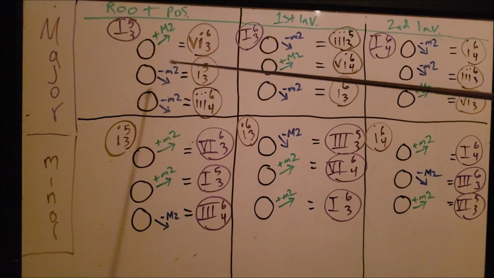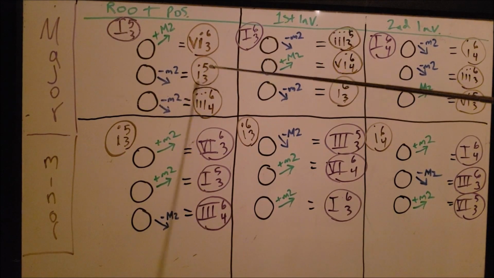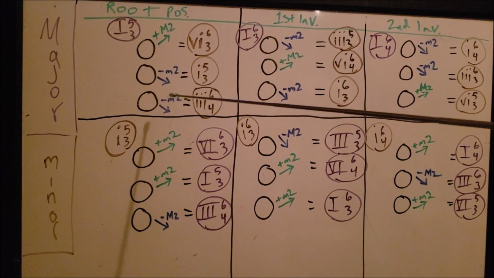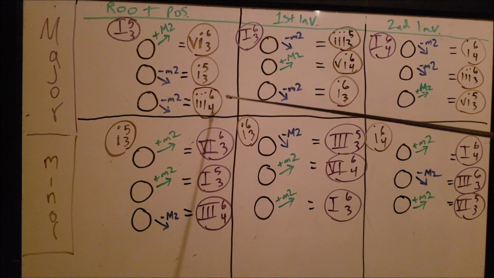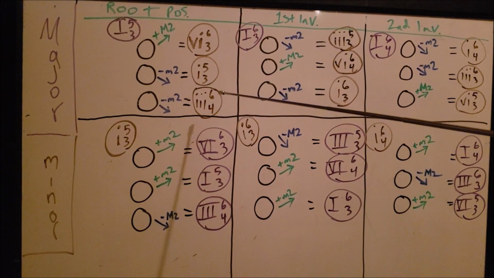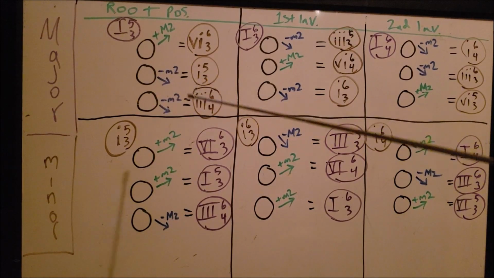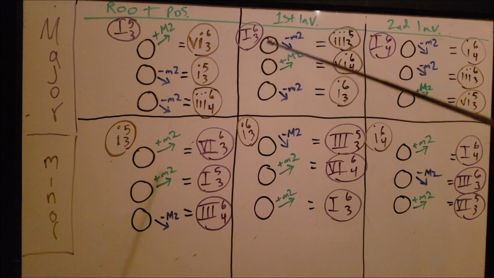If we lower the mediant, we result in the parallel minor, and then if we lower the root, we result in the minor mediant.